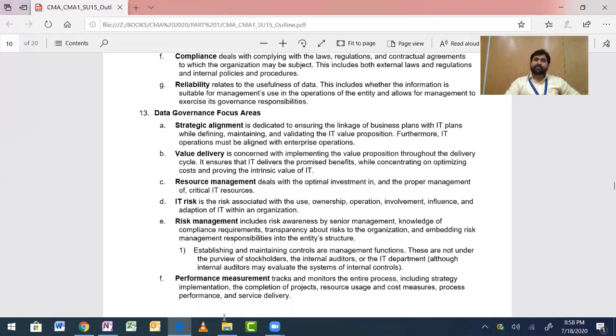Value delivery is concerned with implementing the value proposition throughout the delivery cycle. Fine. It ensures that IT delivers the promised benefits while concentrating on optimizing cost and proving the intrinsic value of IT. Fine. Point number C, resource management. So resource management deals with the optimal investment in and the proper management of critical IT resources.